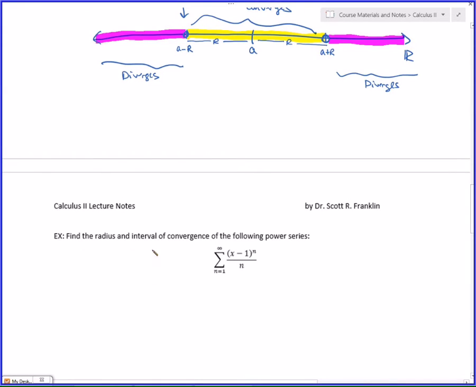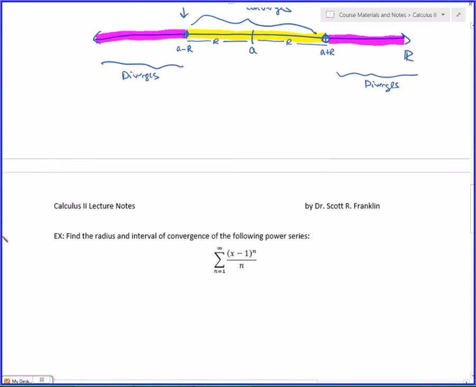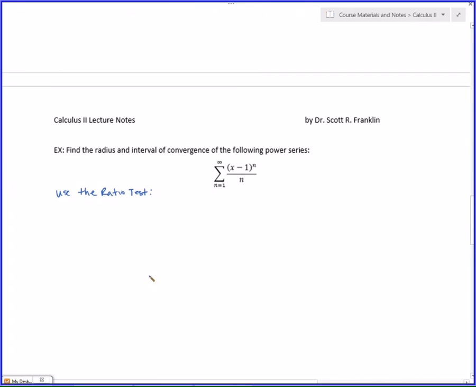Find the radius and interval of convergence for the following power series. Step 1, use the ratio test. So again, a sub n plus 1 over a sub n.